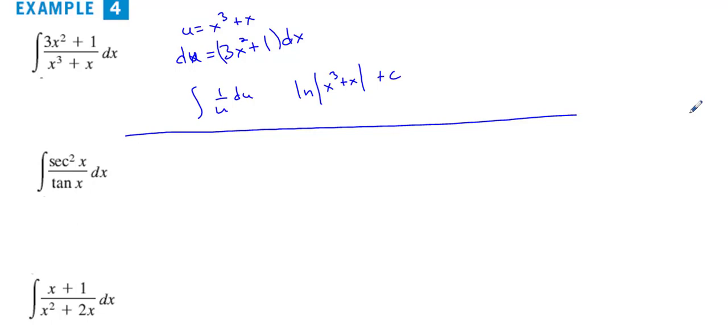Okay, what about the second one? That's what I would try. Because what would du be then? Secant squared x.